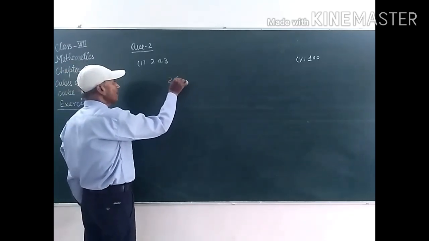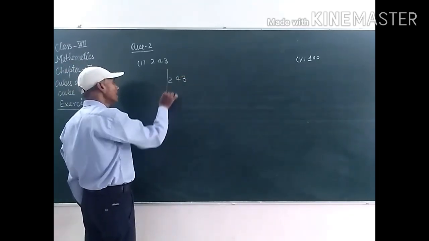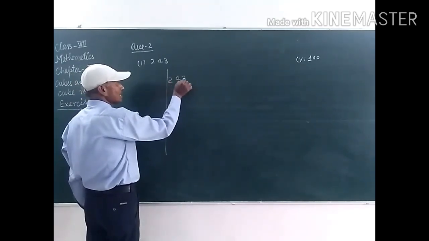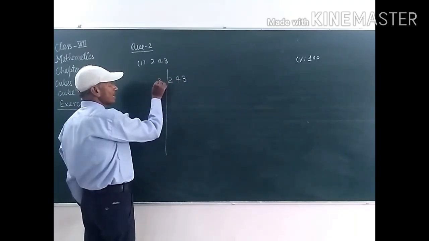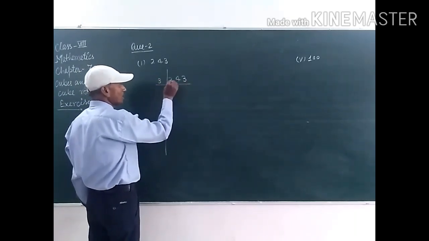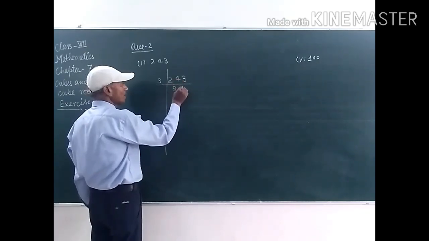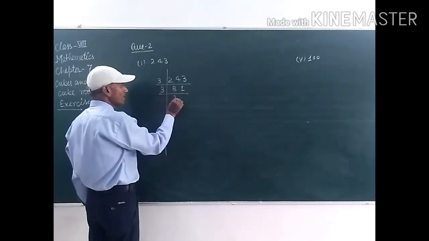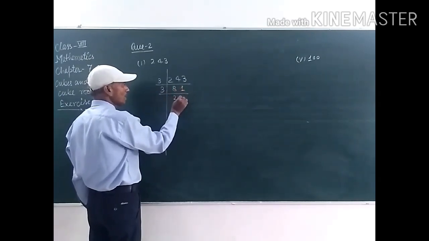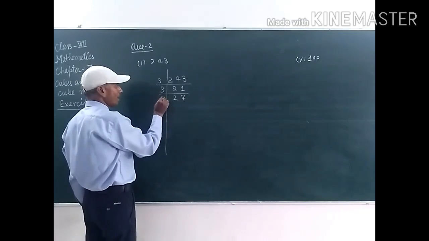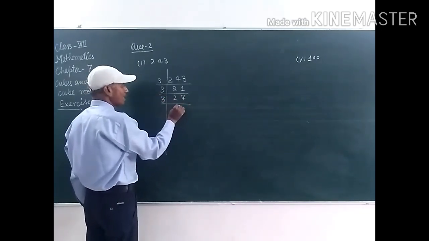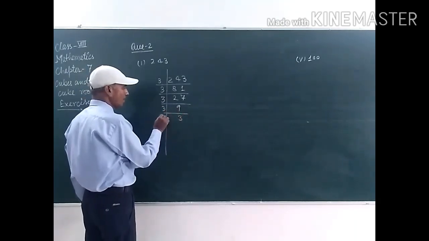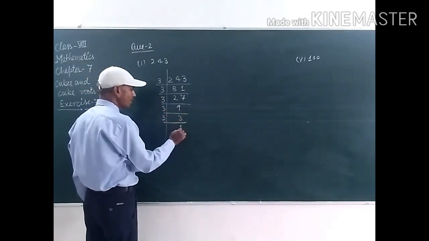So, find the prime factors of 243, student. It is divisible by 3. 3 eights are 24, 3 ones are 3, again by 3, 3 twos are 6, and 3 sevens are 21, again by 3, 3 nines are 27, again by 3 it is 3, and by 3 it is 1.